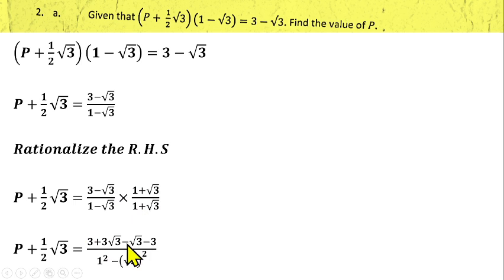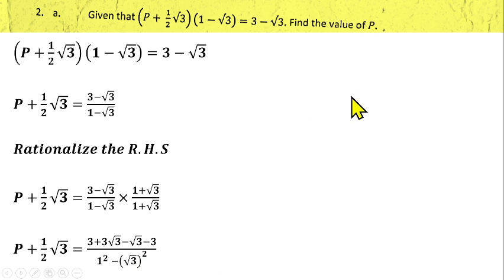Minus √3 times 1 will give us minus √3. Then minus √3 times √3 gives us a plus 3. Over, applying the difference of 2 squares here, you have 1 squared minus √3 squared. Then if you simplify further, 1 squared will give us 1, √3 squared will give us 3. Then here you'll be having 3 minus 3 gives us 0. So you're having 3√3 minus √3, that will give us 2√3.